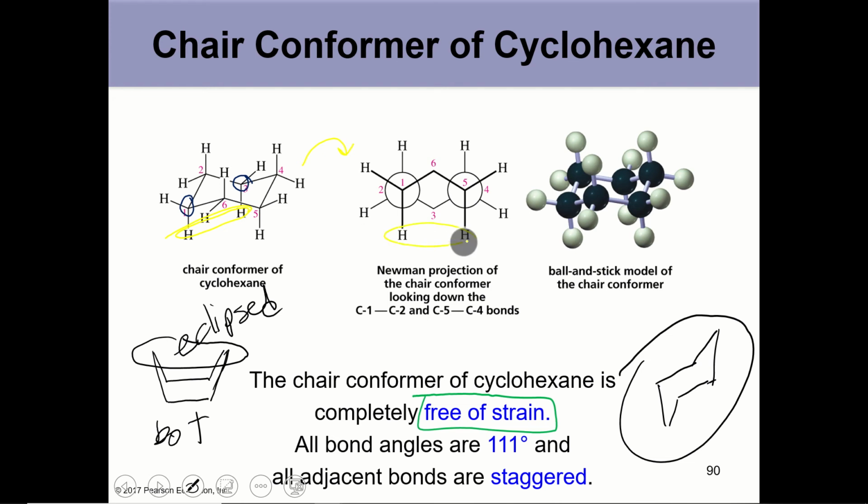You can see that those hydrogens are directly in line with each other, and their electron clouds can interact. The bond angles in cyclohexane are 111 degrees, slightly more than 109.5, but still stable. And all directly adjacent, so 1-2 relationship, carbons are staggered.